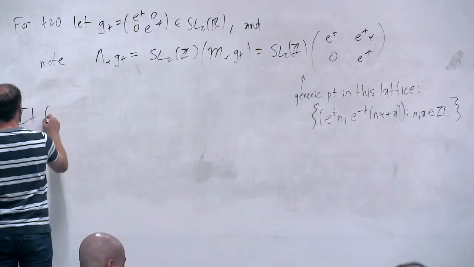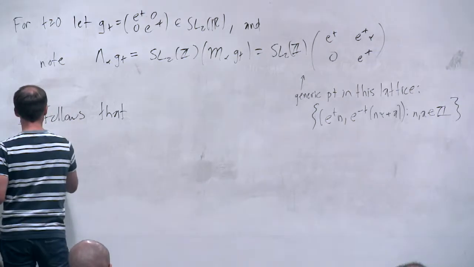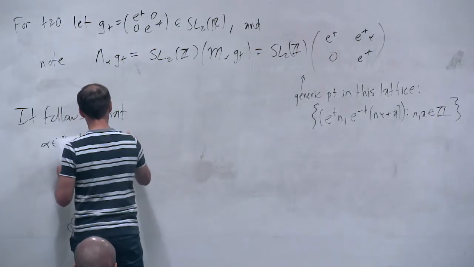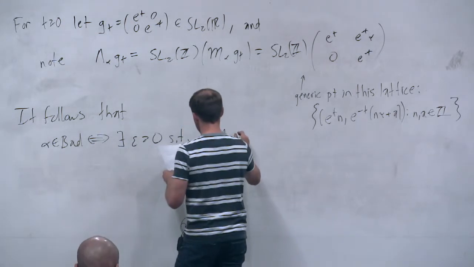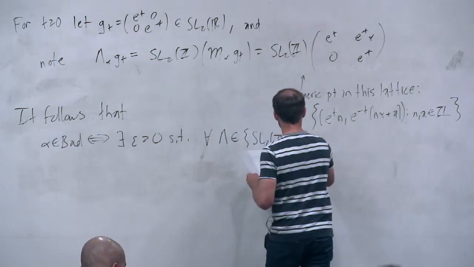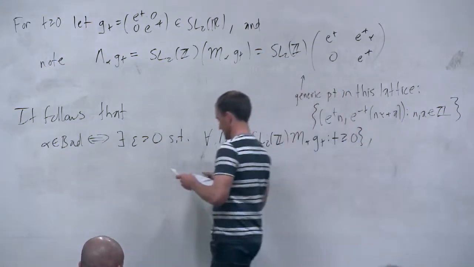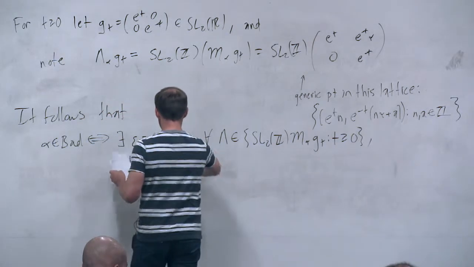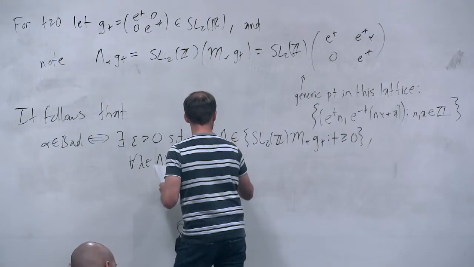So now it follows from what we've said that alpha is badly approximable if and only if there exists an epsilon bigger than 0 such that for every lattice lambda in the set SL2Z M alpha g_t, t bigger than or equal to 0, and for every lambda in lambda which is not 0, the product of the coordinates of lambda is bigger than or equal to epsilon.